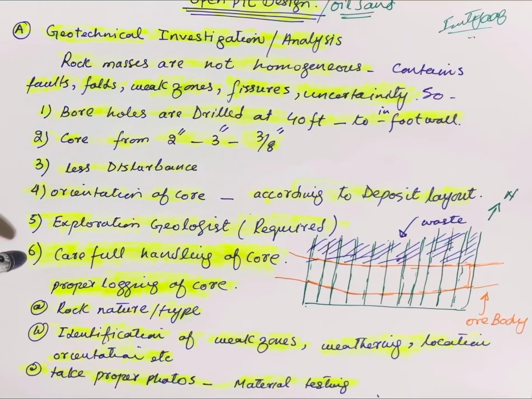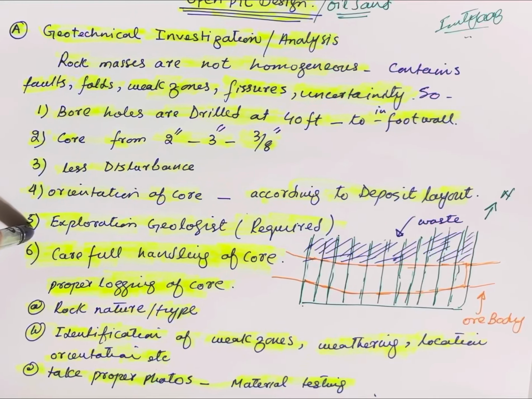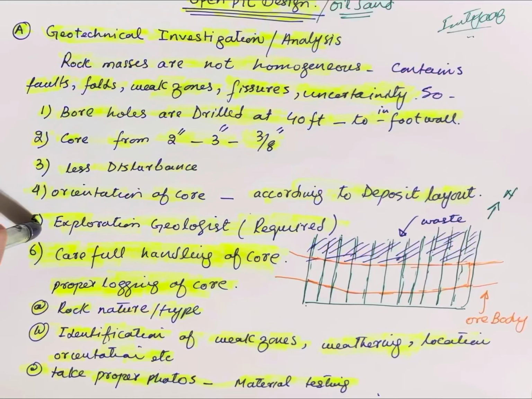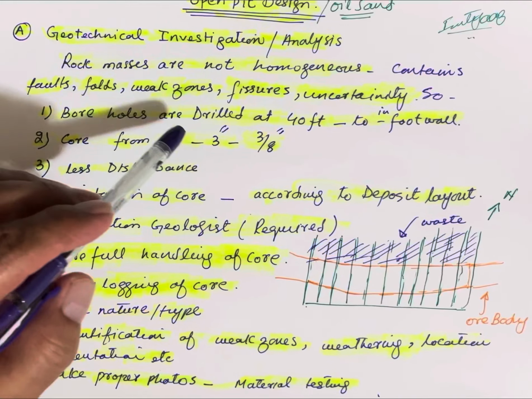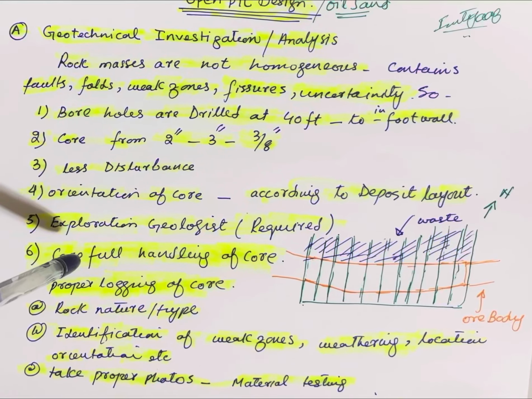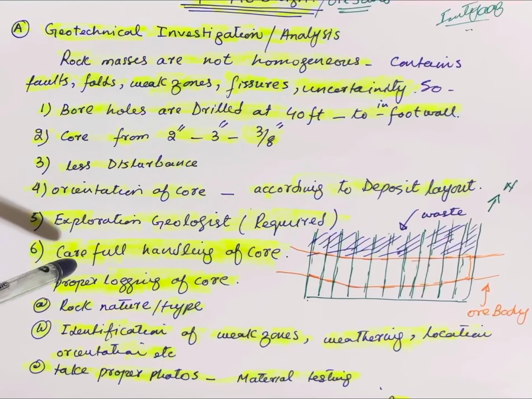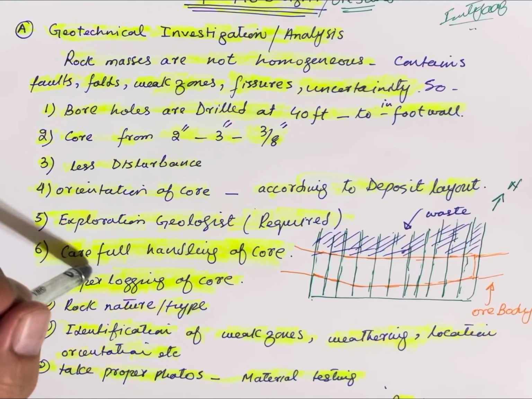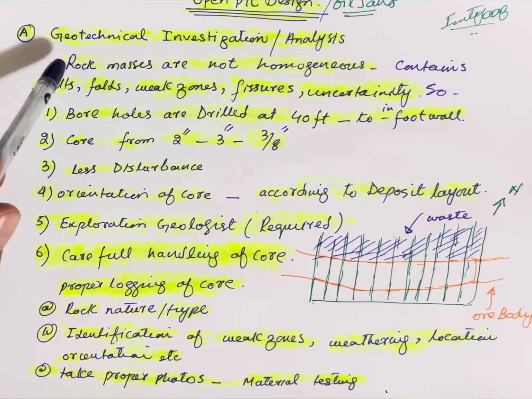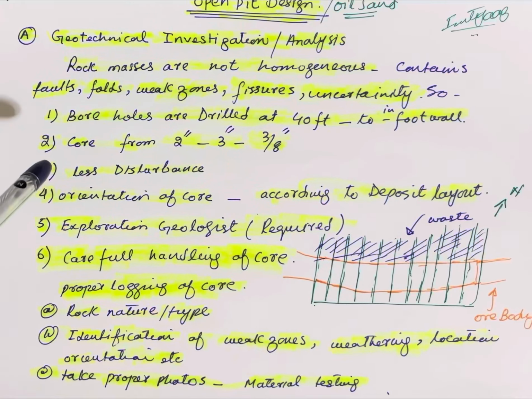In the geotechnical analysis, an experienced geologist is required. He or she has to study all these weak zones and the geological nature of the deposit. And the careful handling of the core. These are the important things about geotechnical investigation.